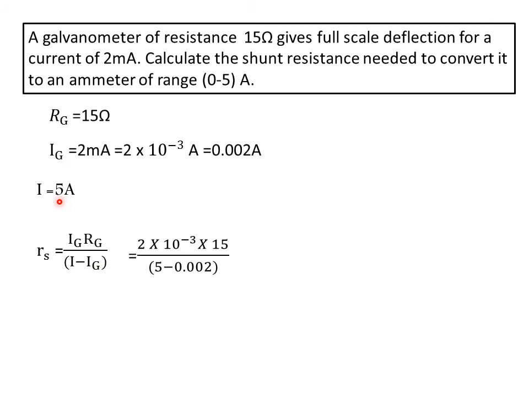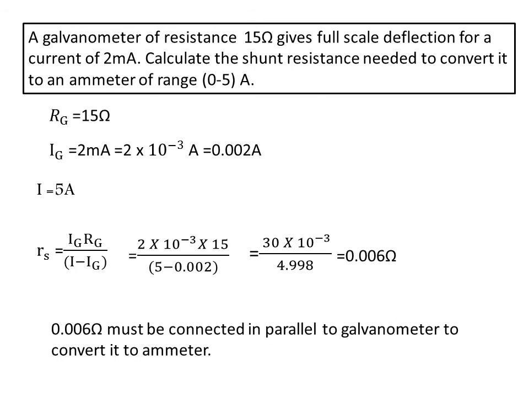I minus Ig is 5 minus 0.002 instead of Ig. On solving we get 0.06 ohm. So 0.06 ohm must be connected in parallel to the galvanometer to convert it into an ammeter.